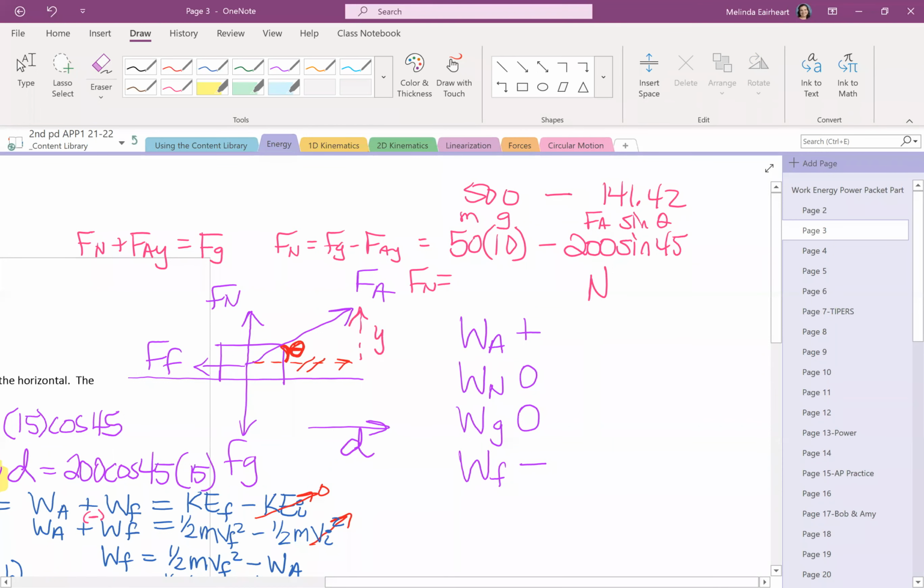So 358.5, rounded, we get a normal force of 359-ish.